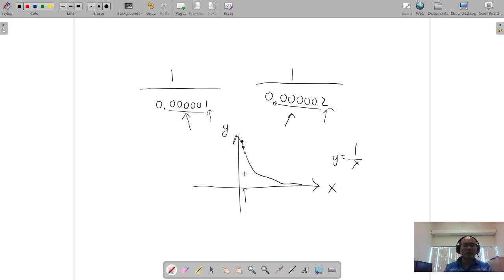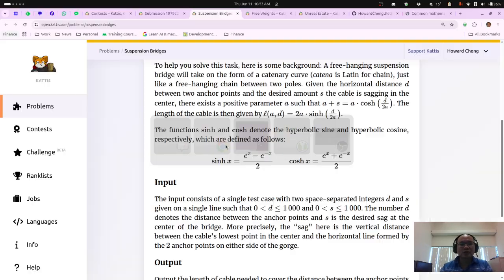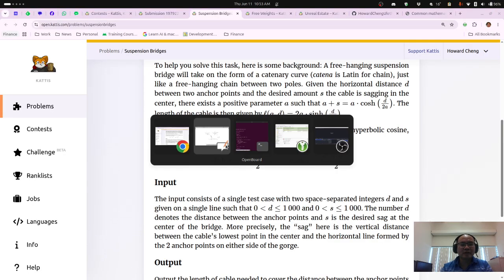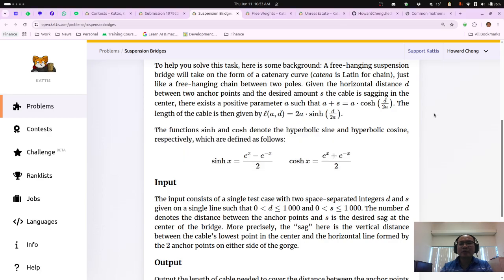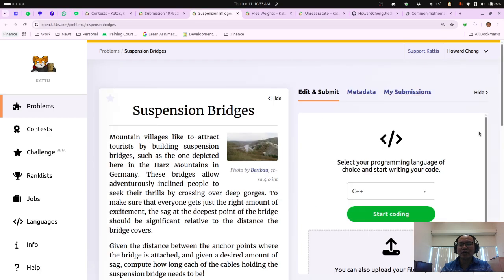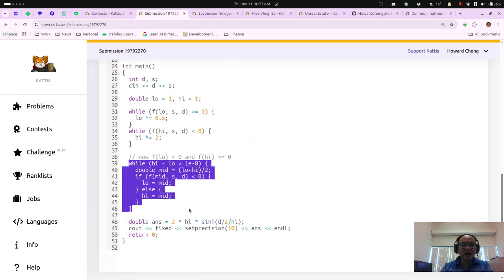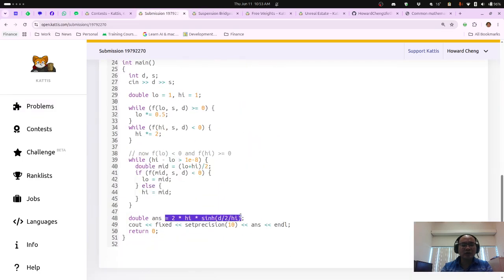So what should we do instead? It's not good enough to just say, let's solve for A accurately. That doesn't work, because ultimately I want this to be accurate.